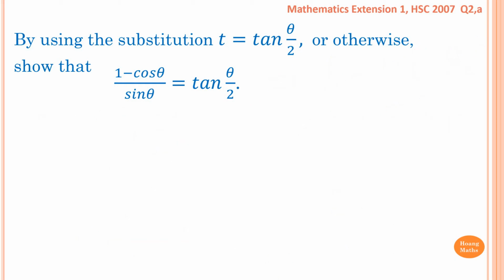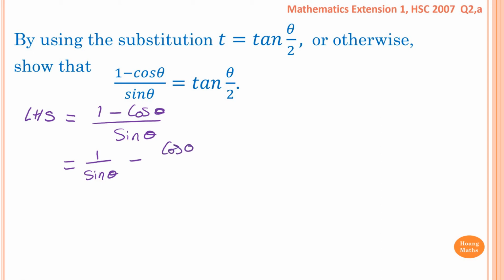Or what you can do is you can split the fraction out. So let me write the left hand side first. Left hand side is equal to 1 minus cos of theta over sine of theta. So that is equal to 1 over sine theta minus cos theta over sine theta.